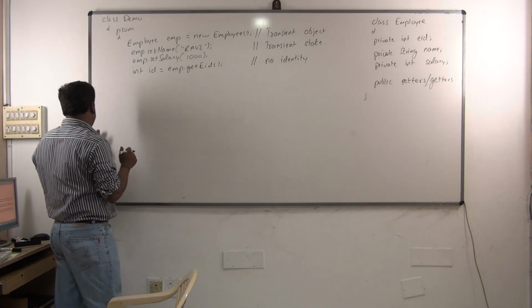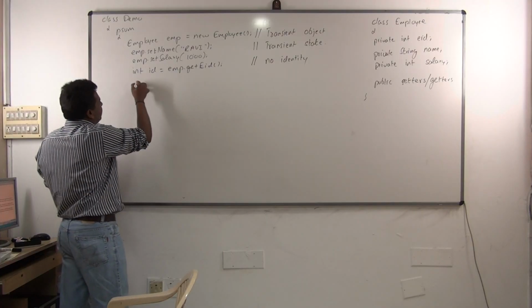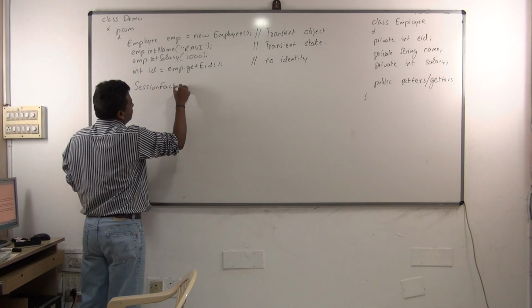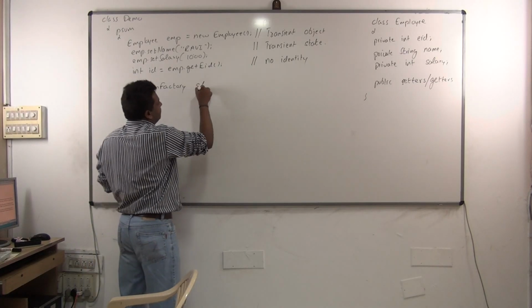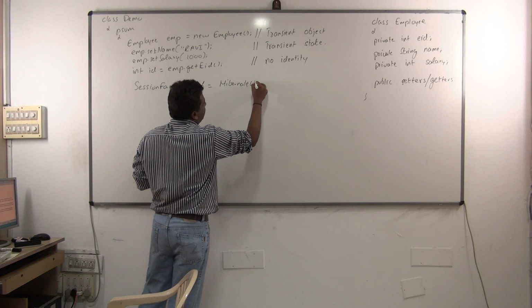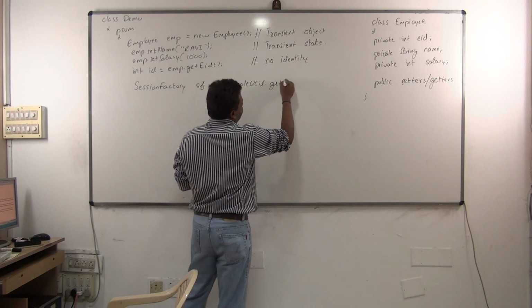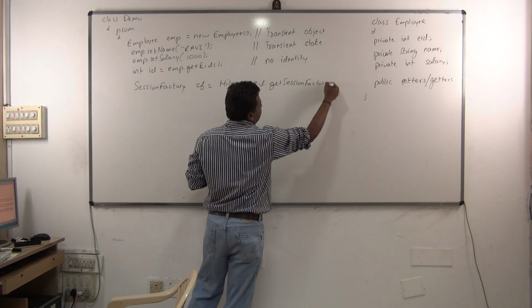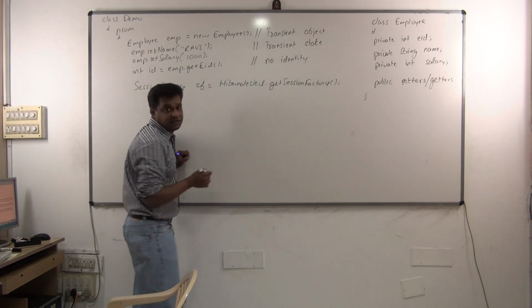So next, after creating this object, I'll write the Hibernate code now. SessionFactory sf = HibernateUtil.getSessionFactory. You'll use your util class and get the session factory object.